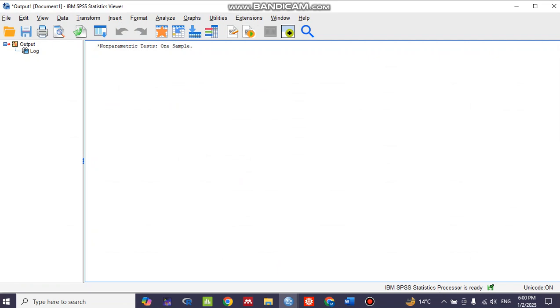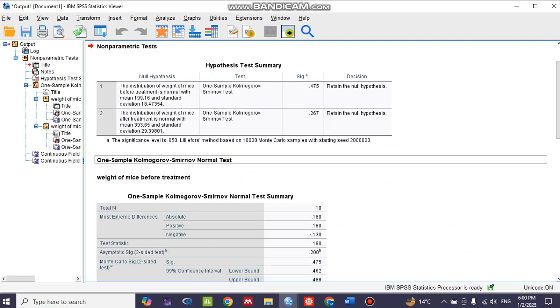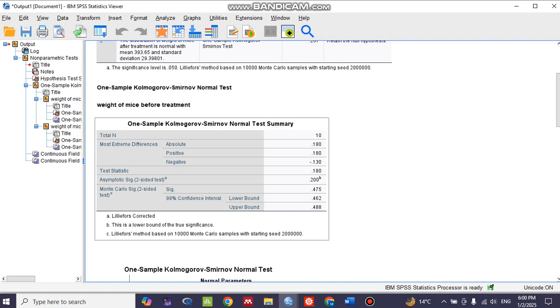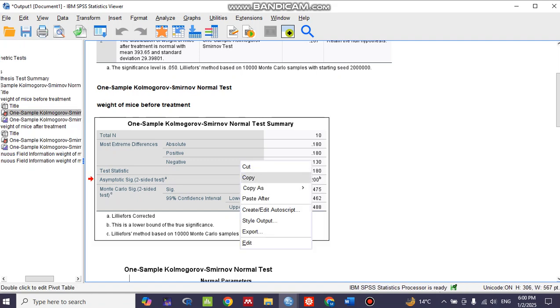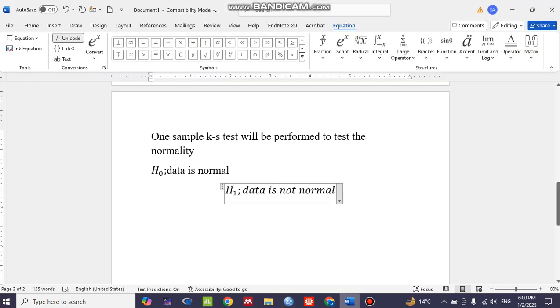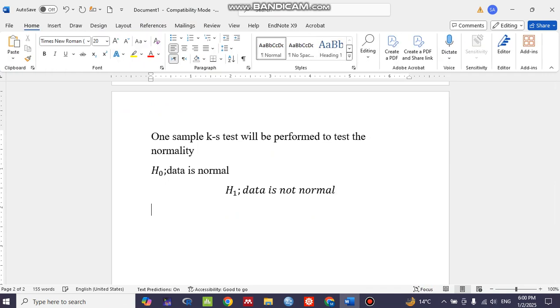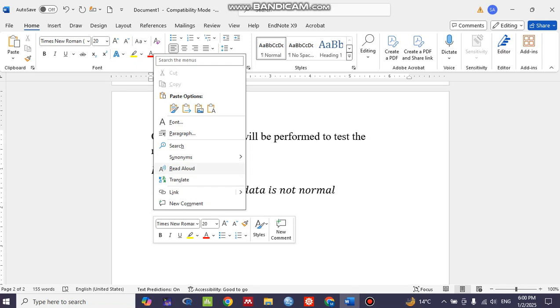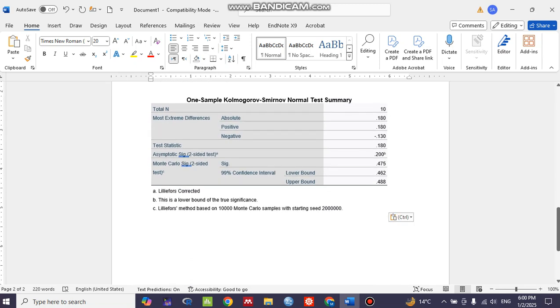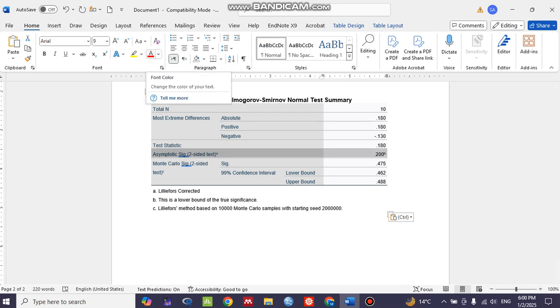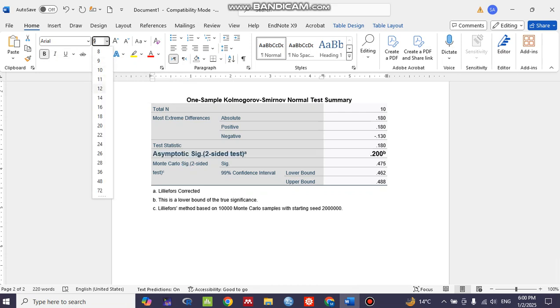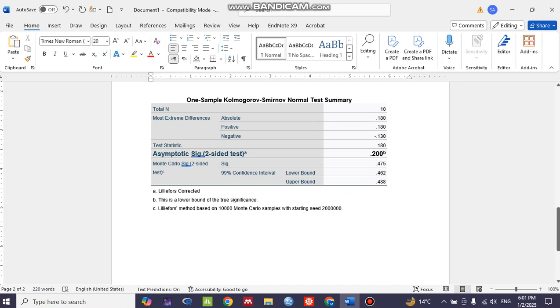So you will get this output here. This is the first table of our interest, and here I am going to paste that in Word, and you can see our most important value here is this significance value, because we are going to make the conclusion on the basis of this significance value.